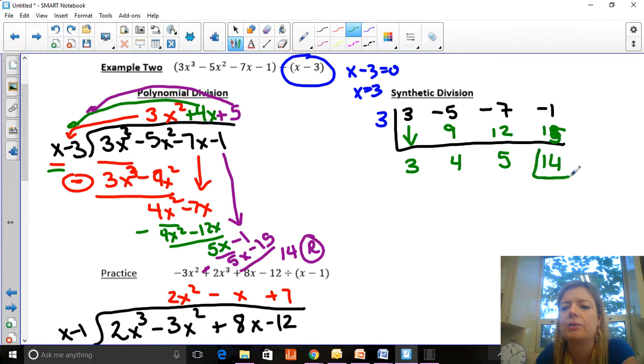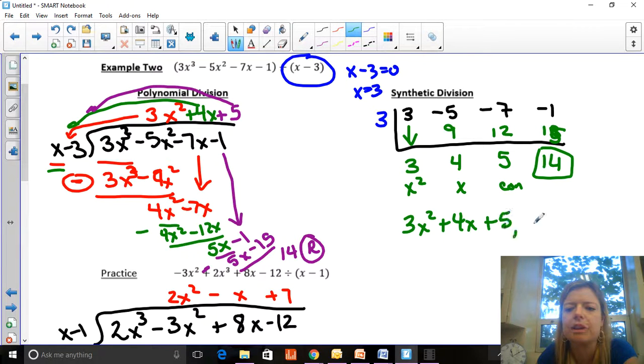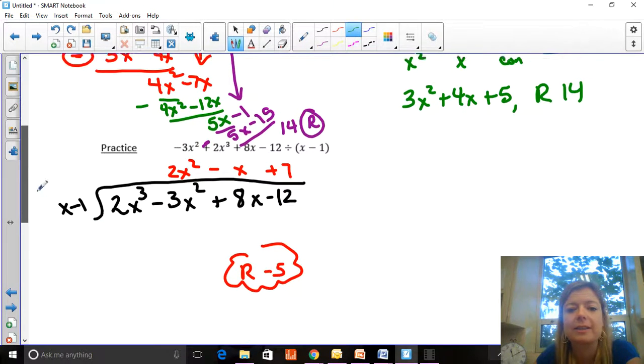And the last number is always your remainder. So now this is your constant term, your x coefficient, and your x squared coefficient. So you get 3x squared plus 4x plus 5, remainder 14, which is the same thing we got over here. So try that for your practice as well.